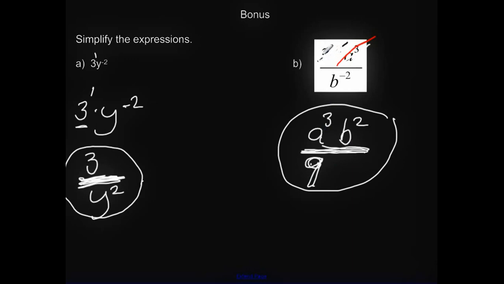See ya. It disappears. A to the third has a positive exponent. It stays exactly where it is in the fraction. B to the negative 2, it's in the bottom, but because it has a negative exponent, I've got to bring it to the top and make that exponent positive. I have this simplified. I have no negative exponents, and that was my goal.